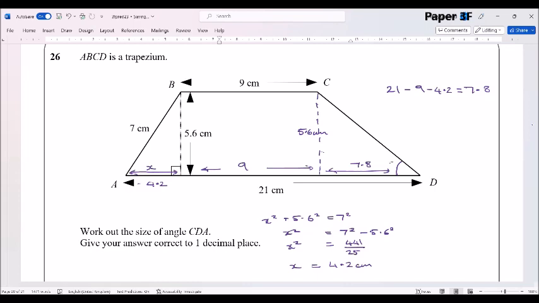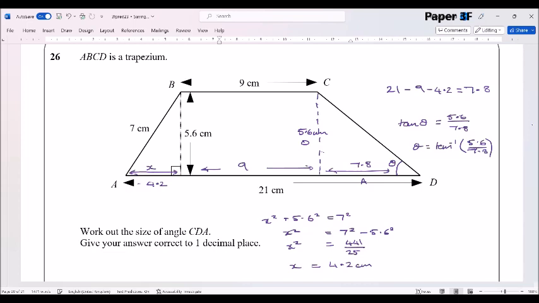That's my angle, which I'm going to call theta. And look, we've got the opposite and the adjacent. So we now know that tan of theta is equal to 5.6 divided by 7.8. So theta is equal to the inverse tan of 5.6 divided by 7.8.